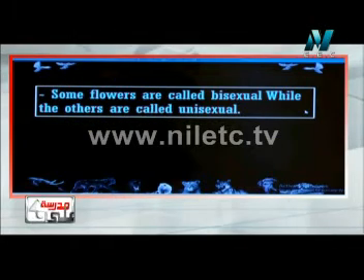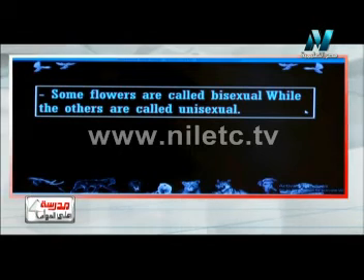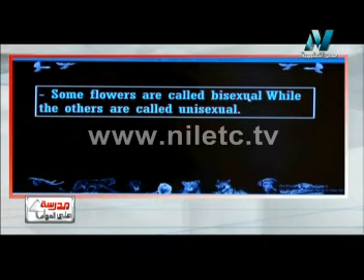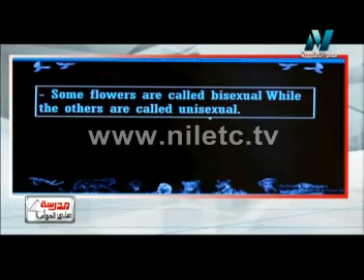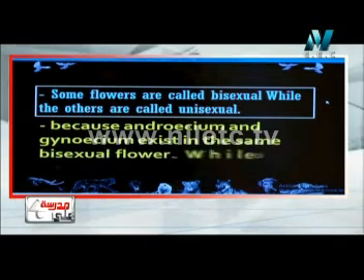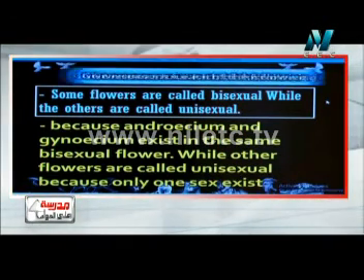Some flowers are called bisexual, while the others are called unisexual. We remember that bisexual means they carry the male and the female organs, but unisexual carries only one sex. In the bisexual flower, the androecium and the gynoecium exist in the same flower.